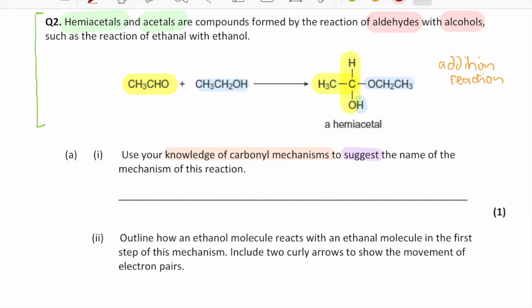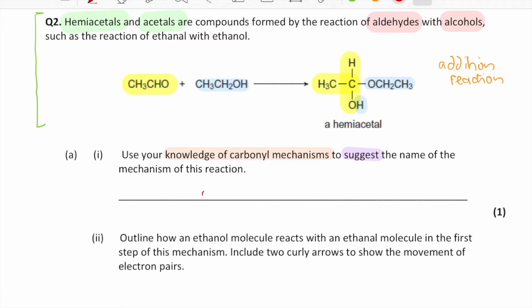We've established that even before we've got to this part. And if we think about all carbonyls, whenever we have done any mechanism featuring a carbonyl group, it has always been a nucleophile, an electron pair donor, attacking the delta positive carbon of the carbonyl group.